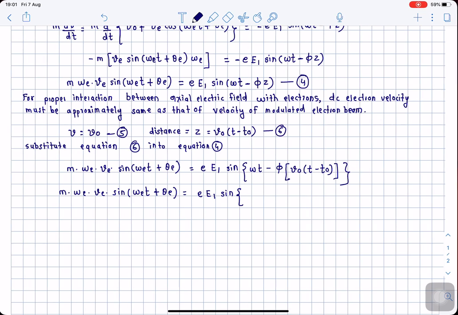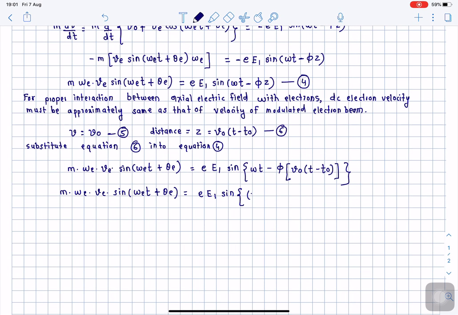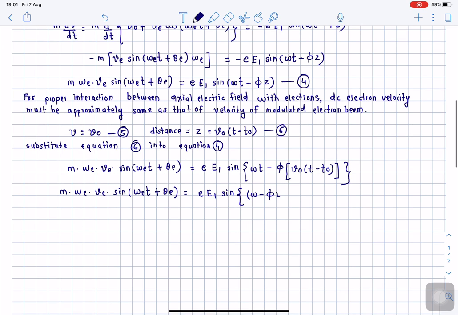We can have the multiplication, so we can write omega minus phi v0. We can take the t common outside over here, plus phi v0 into t0. We can write it in this way. Okay, so let us call this equation number 7.